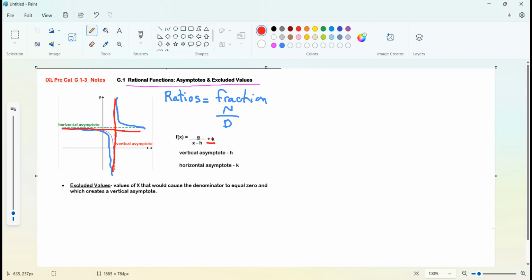Any number that's added or subtracted to this fraction, that's going to be the horizontal asymptote. And the vertical asymptote is going to be any number in the denominator that's added or subtracted to the x variable. So we can spot them like that. Okay, I'll talk about that in a second.